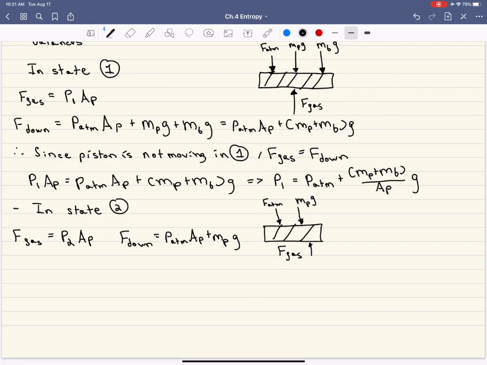And so if we think of the pressure of the gas in the system, we can also apply a force balance. The force of the gas is going to equal the force down.